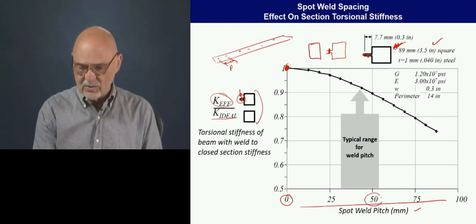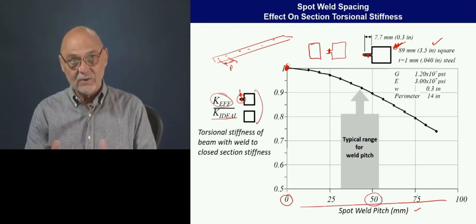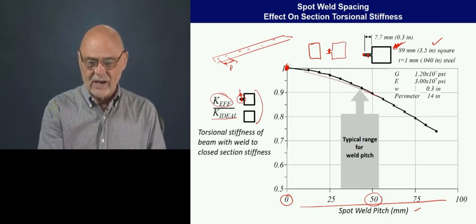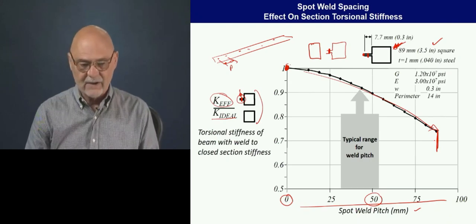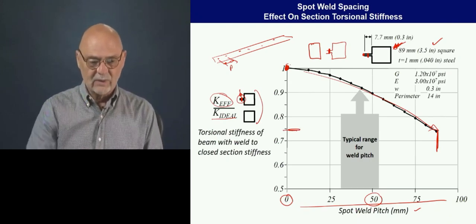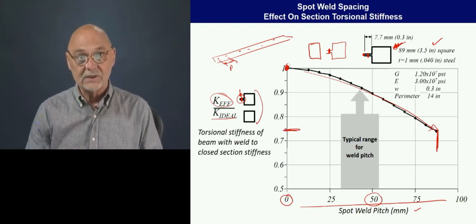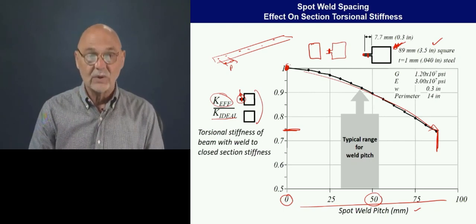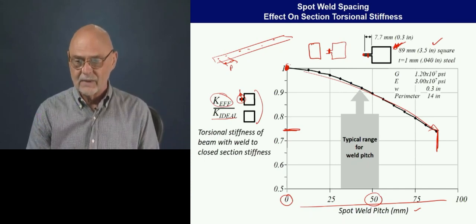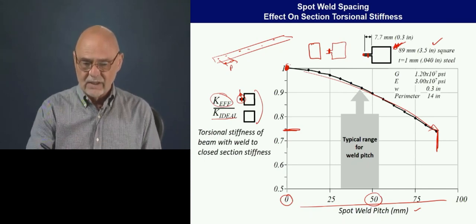And as the spot weld pitch increases, as the spot welds get farther and farther apart, this curve goes down. And way over here, maybe 85 or so, we're down to about 75% of the stiffness we thought we had when we welded this to the ideal closed section. But where do real spot welds fall?